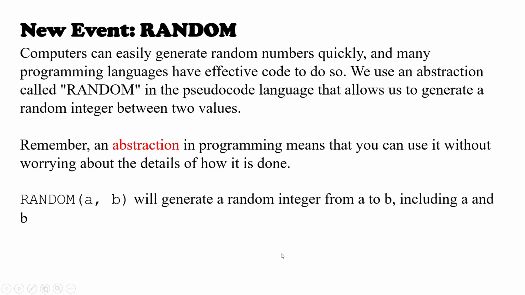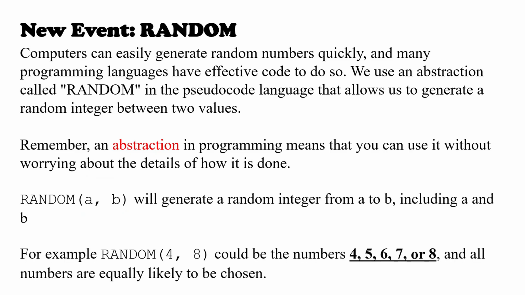So the pseudocode says random, and then it uses open and close parentheses with 2 values, 2 numbers. And it will randomly generate an integer from A to B, including A and B. For example, if I have this in my code, random 4, 8, that means that the number 4, 5, 6, 7, or 8 could be chosen.